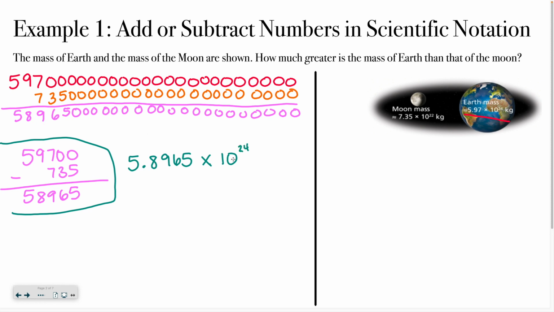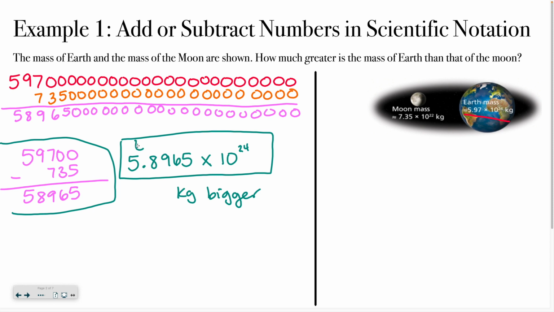So you can see the Earth's mass is 5.8965 times 10 to the 24th kilograms bigger.